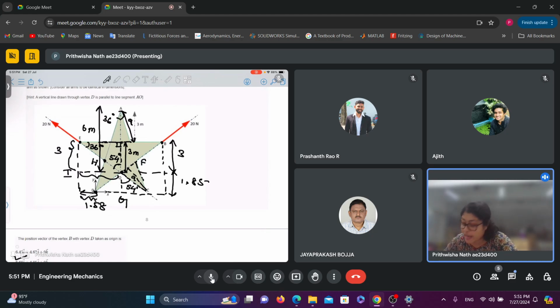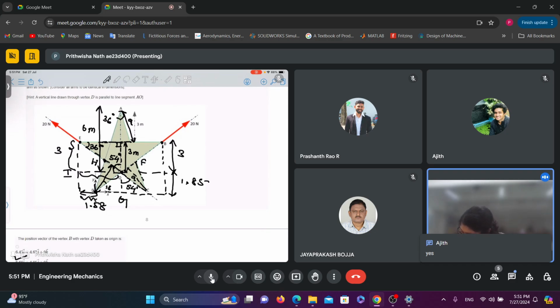Now I need to find the perpendicular distance between the line of action of force and this point D, which is this distance, right? Is this point clear, that this is the perpendicular distance? Okay. So what is this distance?